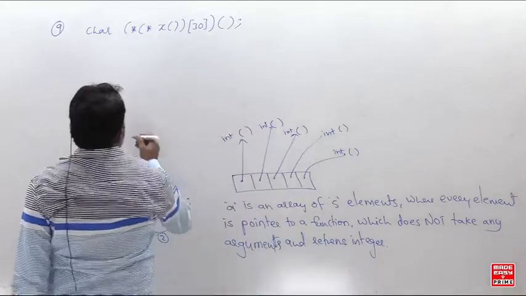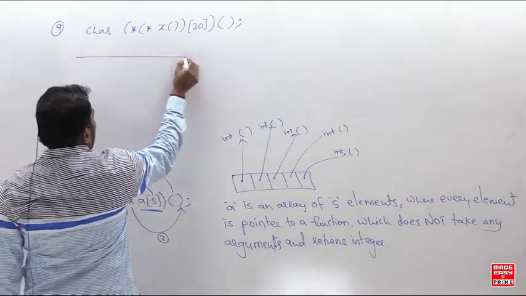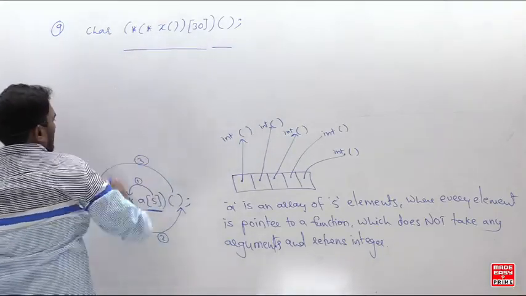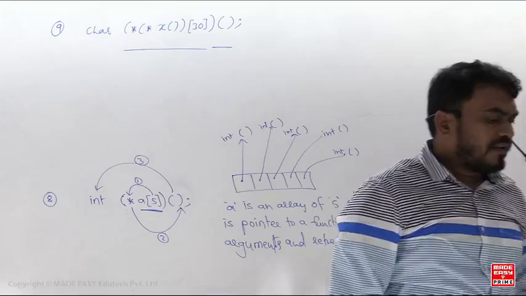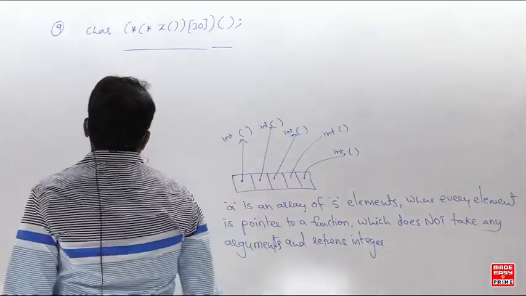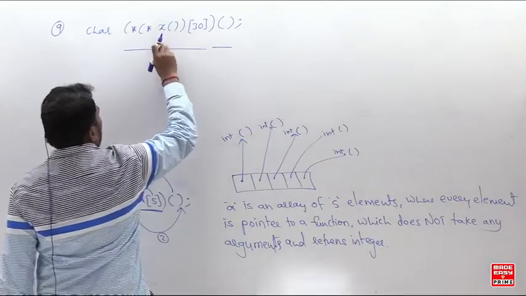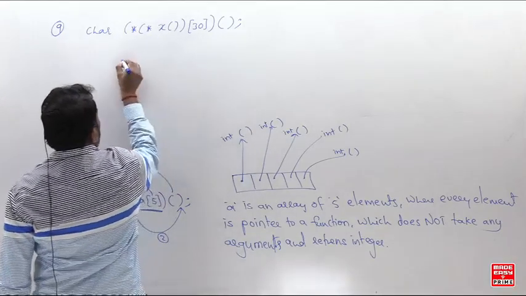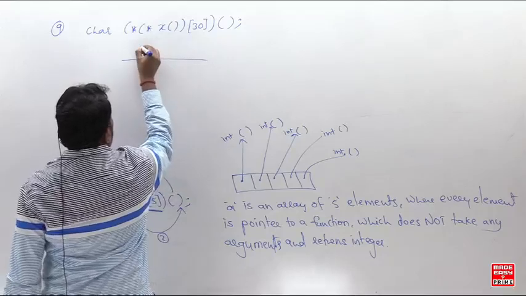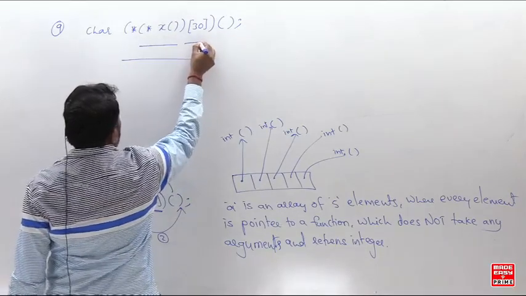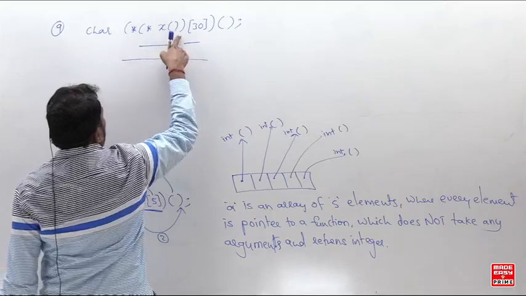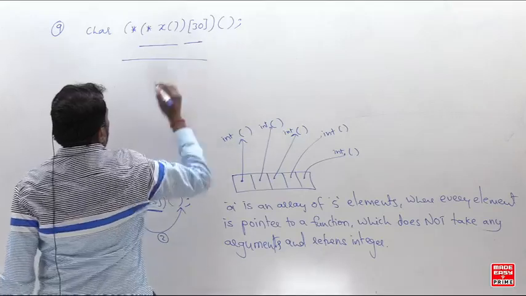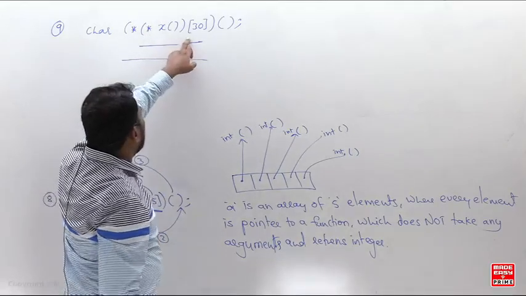So time up. You start from left to right. You are having this bracket and this bracket. Listen here, you are having the two brackets there, left bracket and right bracket. Which bracket you read first? Left bracket you read first. In the left bracket again you are having two brackets, a normal bracket and a square bracket.